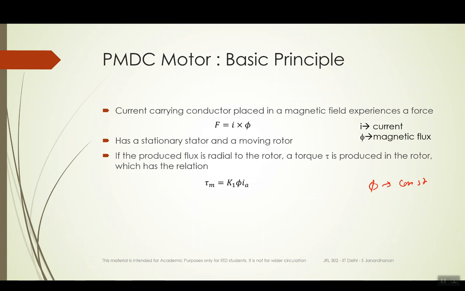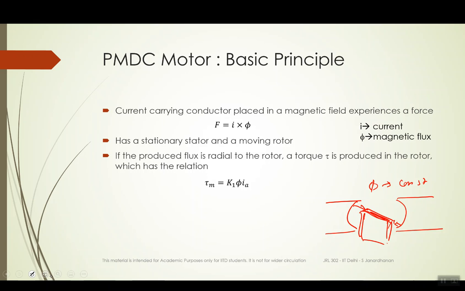Since it's a permanent magnet, you are able to supply a radial magnetic field, that is, this magnetic field is always perpendicular to the direction in which the rotor coils are arranged.